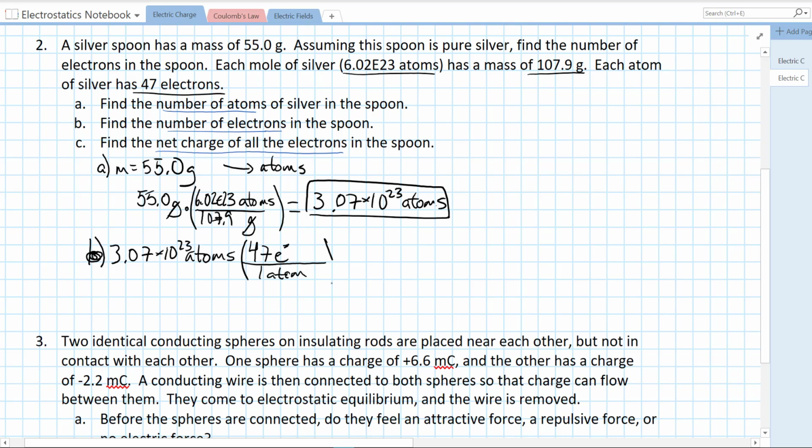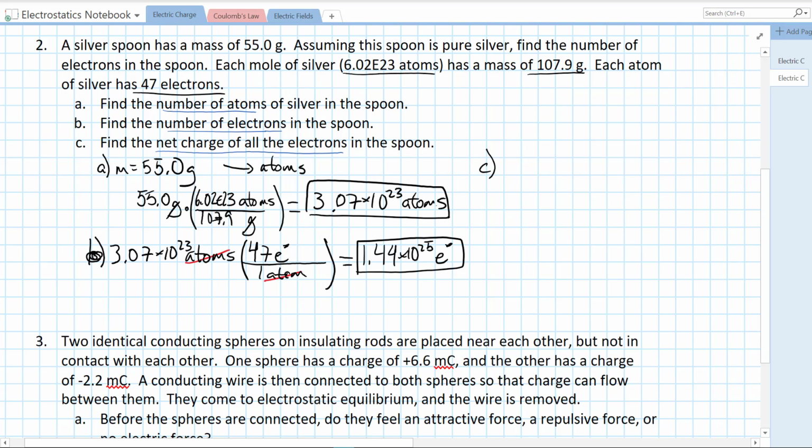I'm going to just write e minus for electrons. Then atoms cancel, and we're going to be left with our answer. Previous answer times 47: 1.44 times 10 to the 25 electrons.